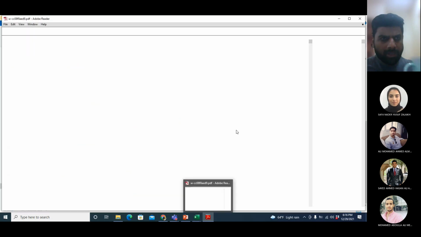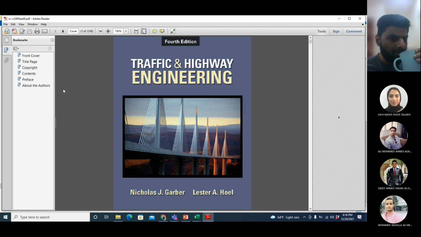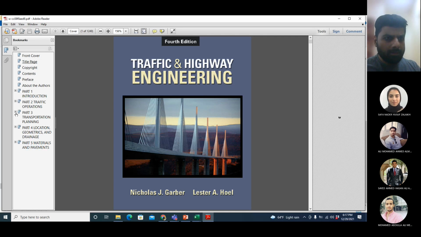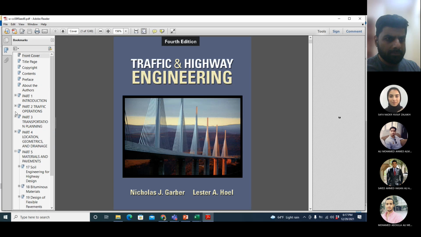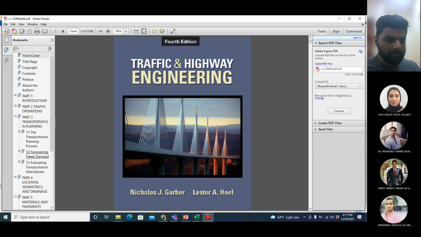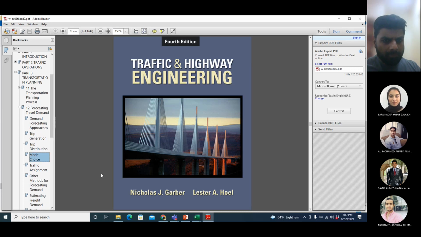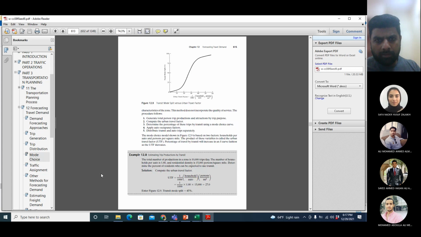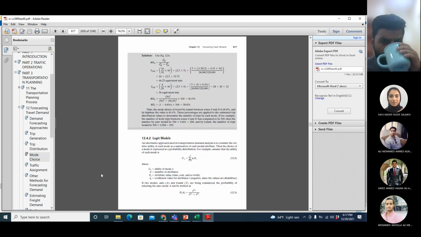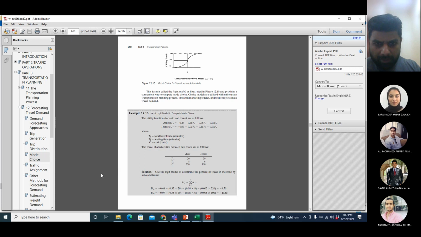I just want to check that our values are not matching with the values which are given in the book for both the examples. Doing this one.